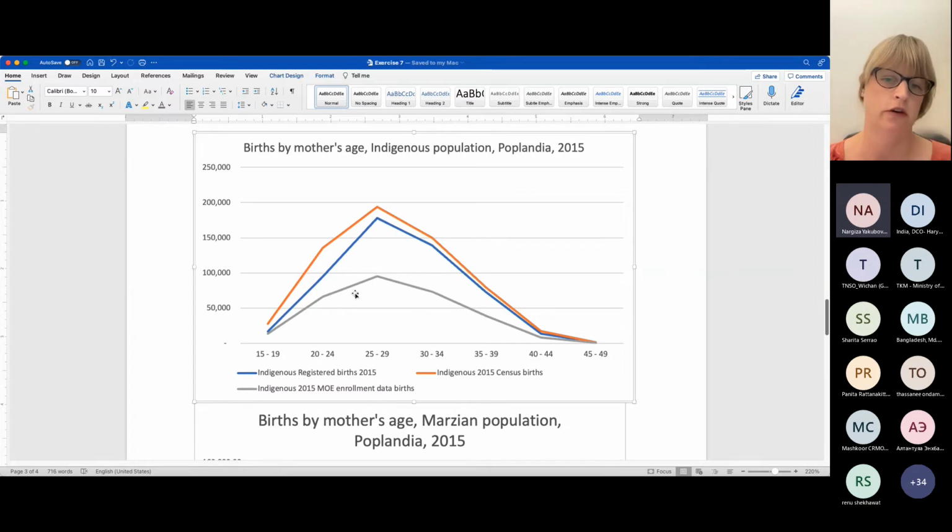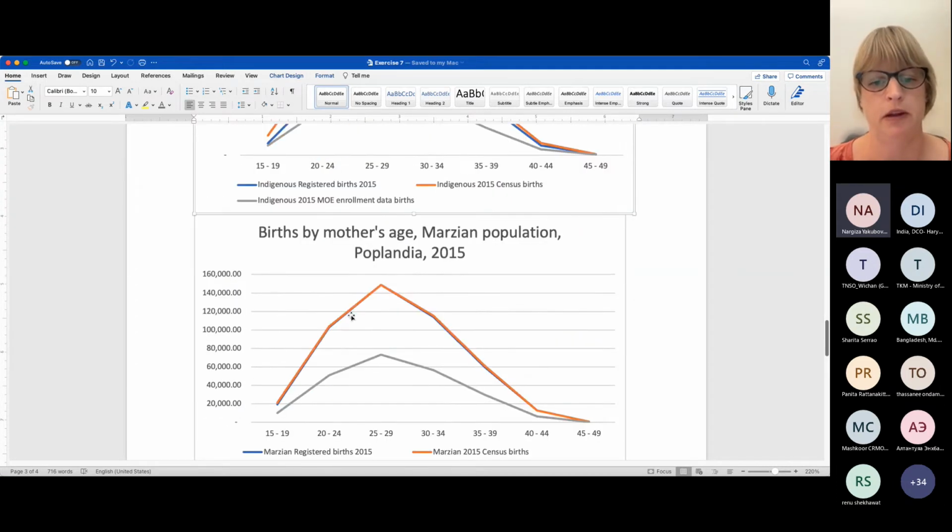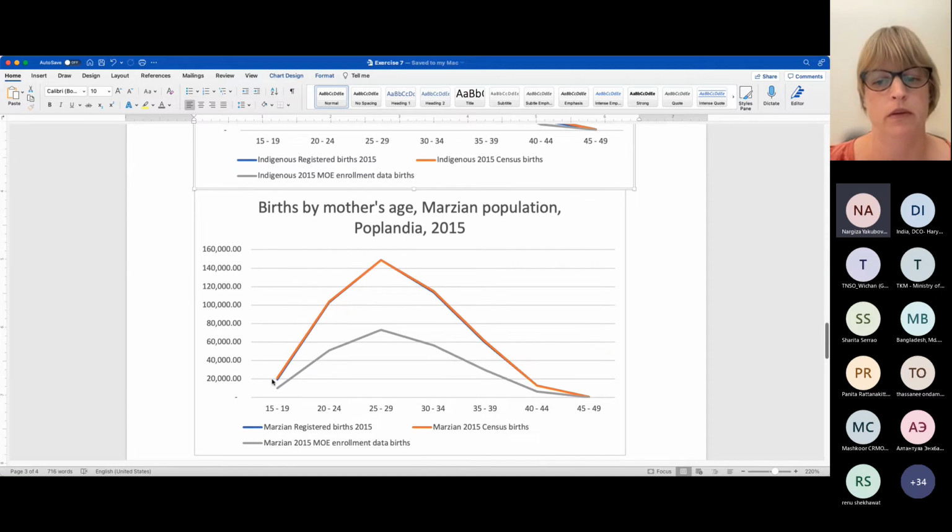So all three of these are specific to the Indigenous population, but they're from different sources. And similarly, this is your Marzian population, but the census and the registered births are almost on top of each other. They're very, very similar. And then the school enrollment data is down here for the Marzians.